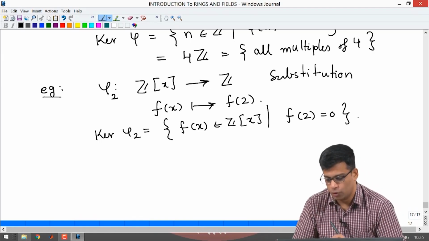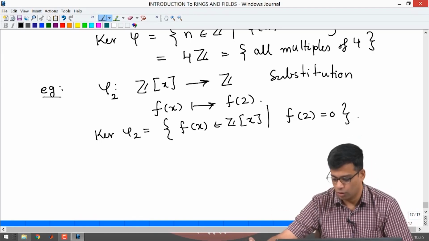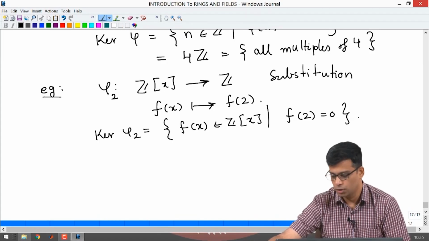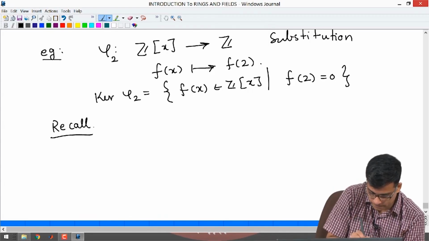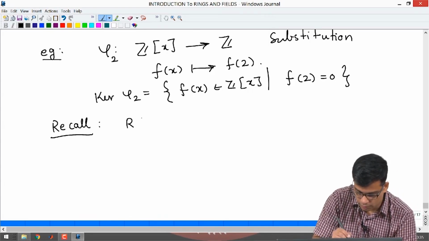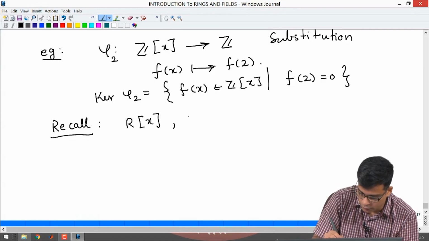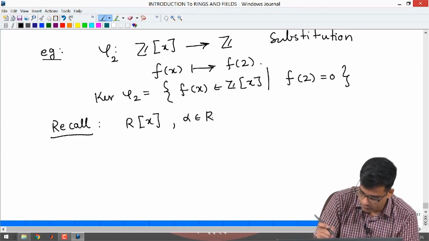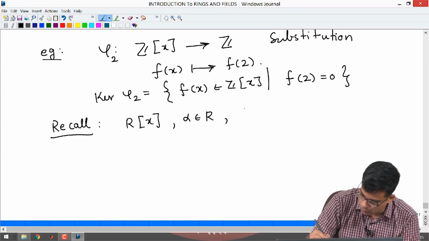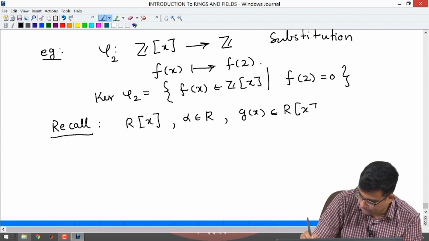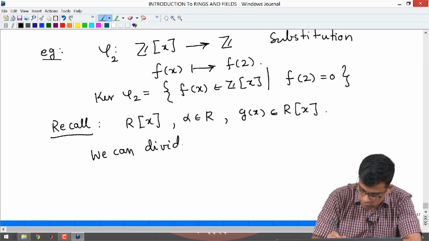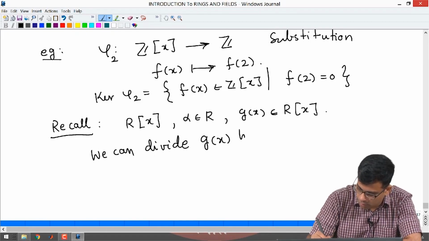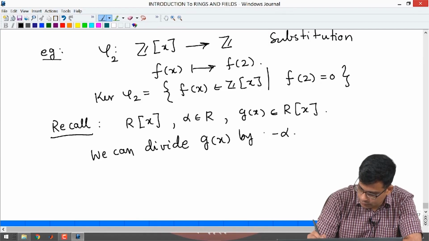Okay. Now, I am going to ask you to recall something I talked about when I talked about division inside polynomial rings. So, recall, in any ring R and any polynomial ring R[x], if you fix alpha in R, let us say g(x) in R[x], we can divide g(x) by x minus alpha, right.